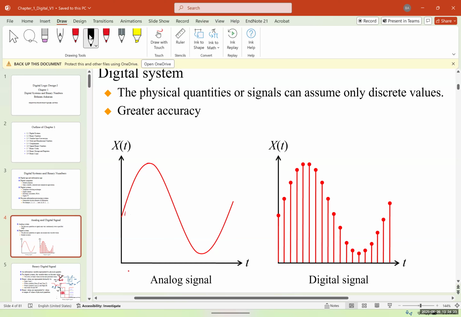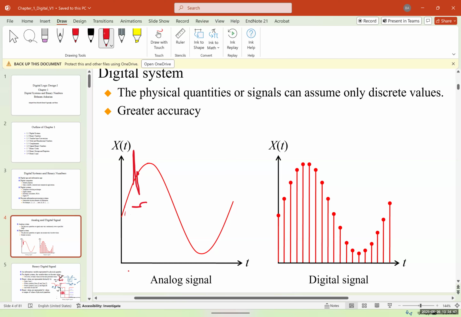So for example, imagine this, the analog signal on the left is a sound signal, and you're recording a music track or something, and suddenly when you're recording your voice, something falls down and you have a noise in the system.